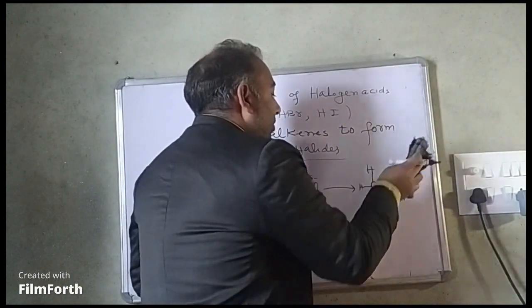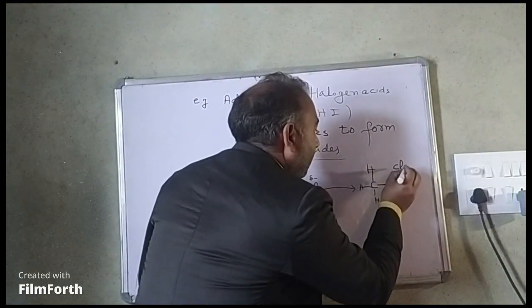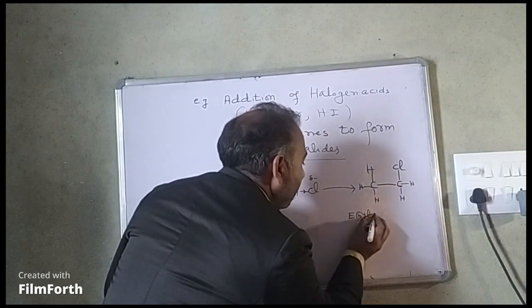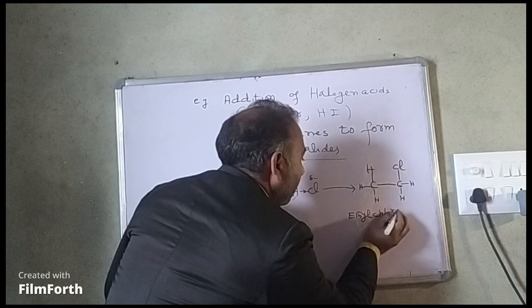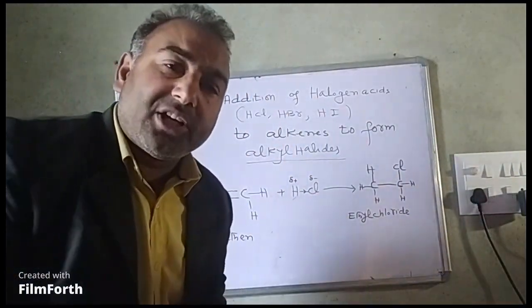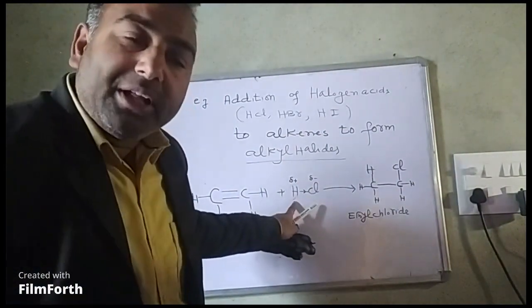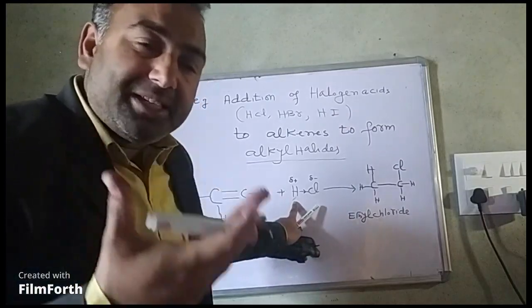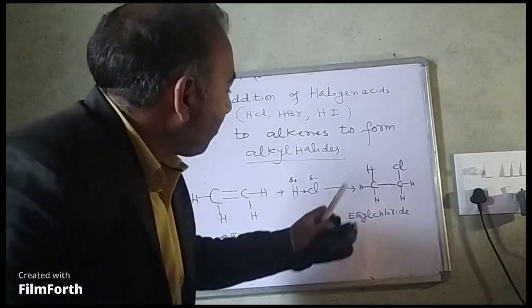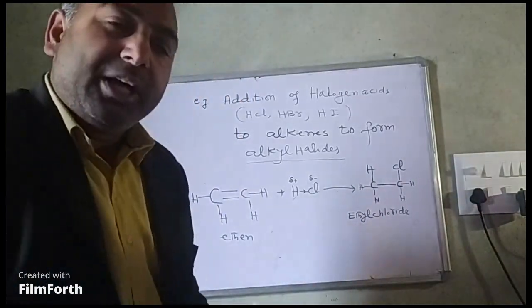So we get chloroethane, an alkyl halide, or simply called ethyl chloride. Simple reaction: one carbon will get H from HCl, and the other carbon will get chlorine or halogen to form an alkyl halide. This is the simple reaction.